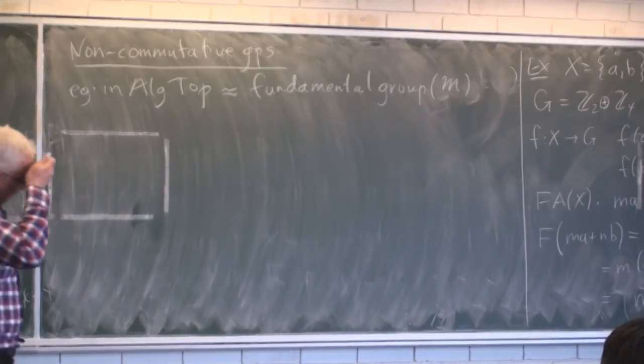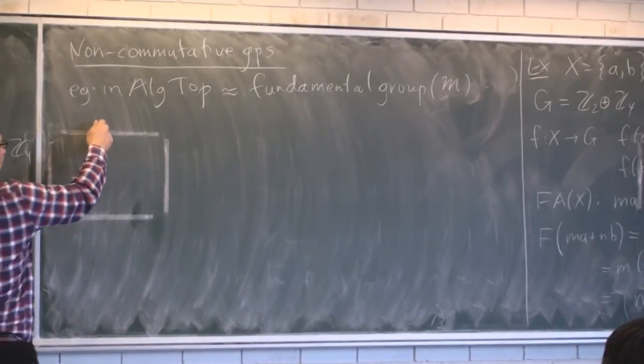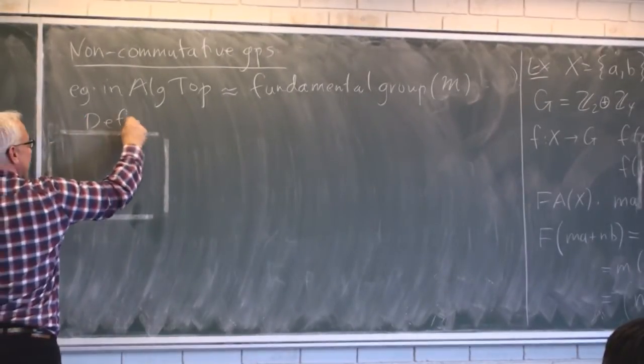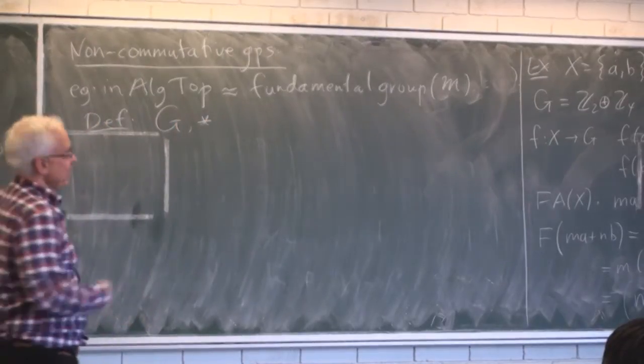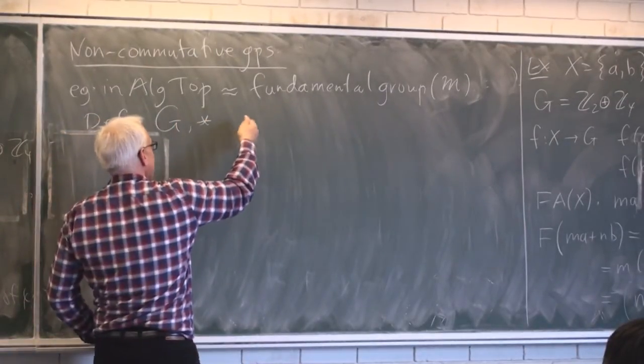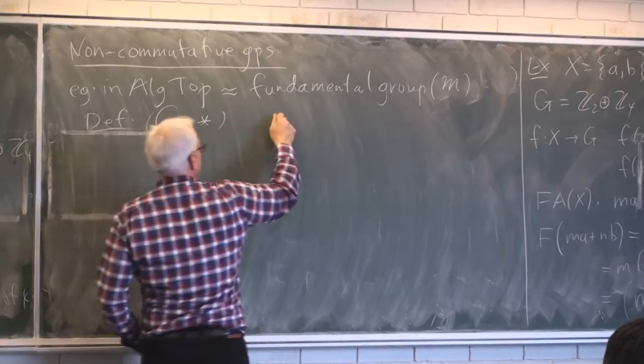All right, so I'm not going to go over the whole theory. So let's make sure that we all understand what the definition is. So the definition is that we have a group, we have an operation. The main axioms are still satisfied, so we still require associativity.